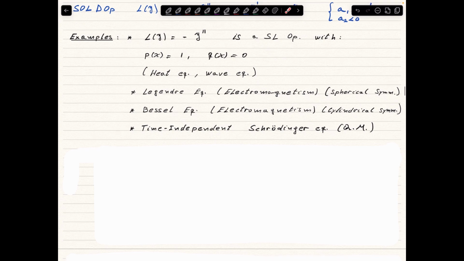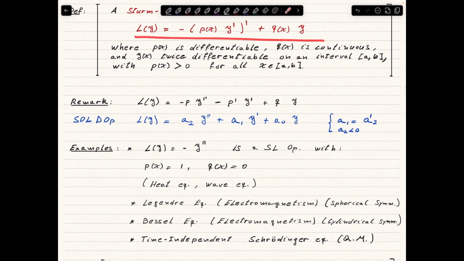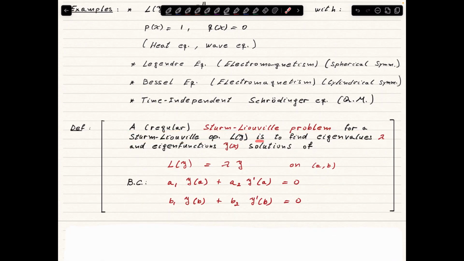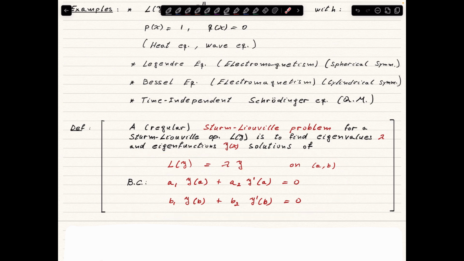So now, what is a Sturm-Liouville problem? Well, it's an eigenfunction problem for a Sturm-Liouville operator. So a regular Sturm-Liouville problem for a Sturm-Liouville operator L of y, where this L of y is a Sturm-Liouville operator, is to find eigenvalues lambda and eigenfunctions y of x, solution of this eigenfunction problem: the Sturm-Liouville operator acting on y proportional to y, and with these boundary conditions, which are homogeneous boundary conditions, and they include Dirichlet boundary conditions, or Neumann boundary conditions, or mixed boundary conditions of one type or the other.